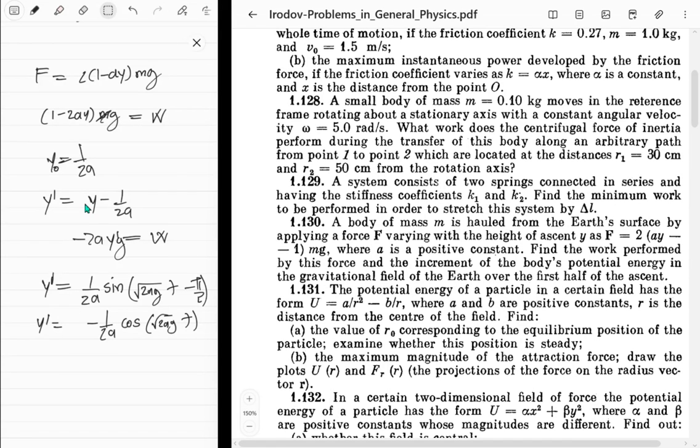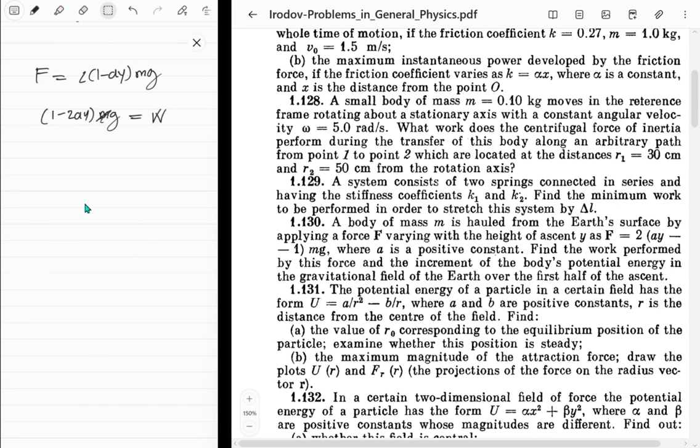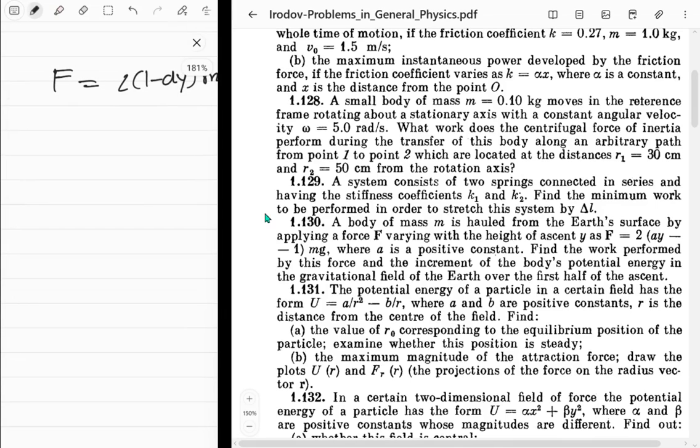Why did I do all of this? This is not useful at all. I mean, it's useful to actually figure out what time is required. And what do they actually want? Work performed. Exactly nothing about the time is required, except the fact that half the distance is the same thing as half the time in this case.